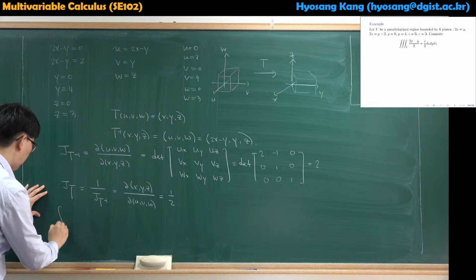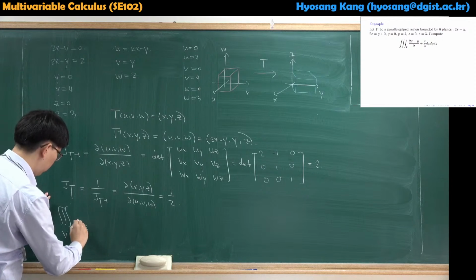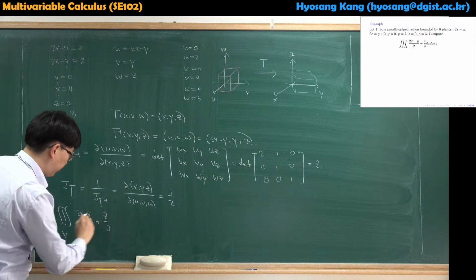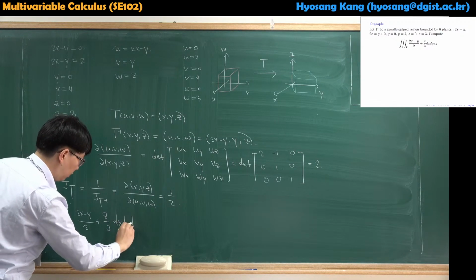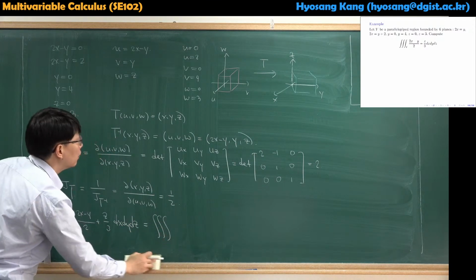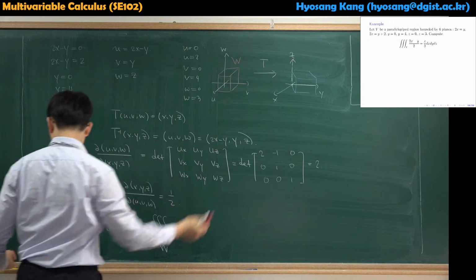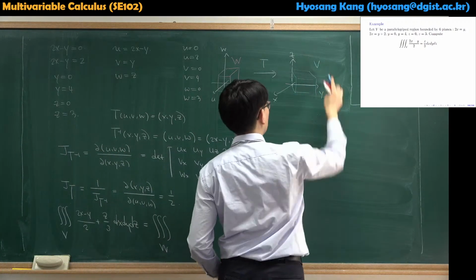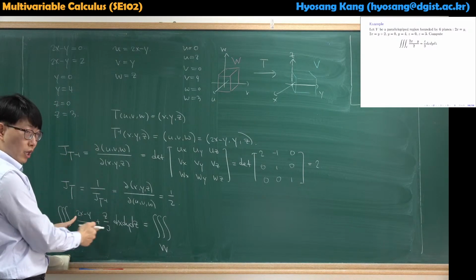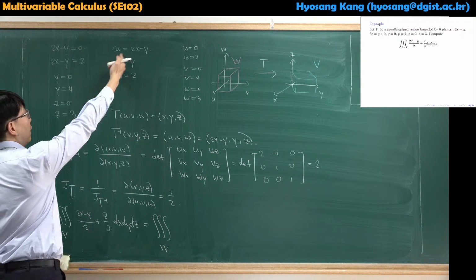I want to find that expression, (2x minus y plus z) over 3, dx dy dz. But I can transform that into an integration over w. This is our w, by the way, and this is our v, whatever that is. I have to translate this expression in xyz into an expression in uvw, but I already did that.